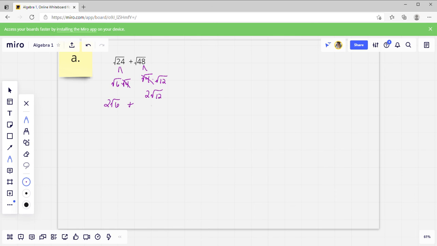Let me think. This one we could say square root of 3 times square root of 4, which would be another 2. So we would have, let's see, let's start this one over.